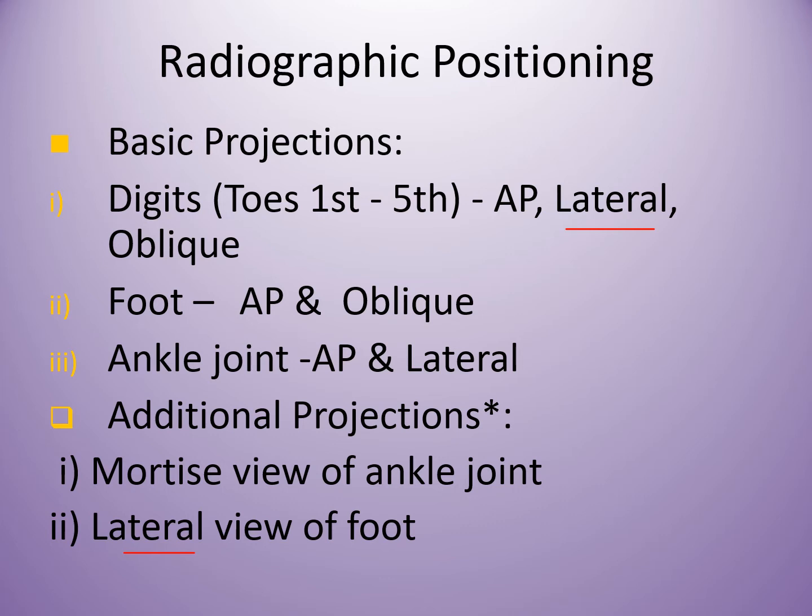Then ankle joint, AP and lateral sahaja for basic projection. This actually additional projection ni akan ulang lagi untuk special nanti kita belajar for IS2, specific to the additional view. Tapi dah ada kat sini, so kita mention juga dulu for you to have an exposure on the additional view.